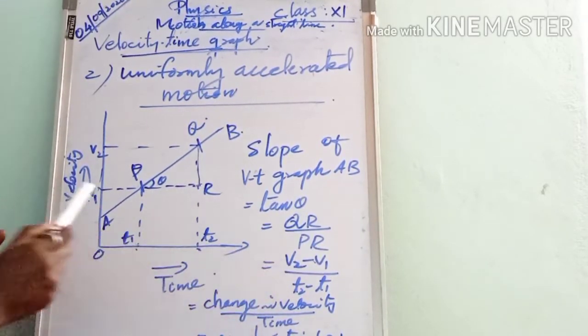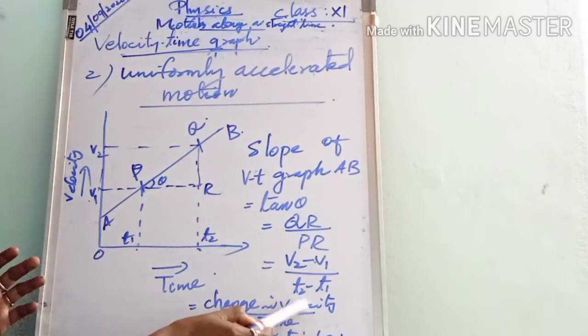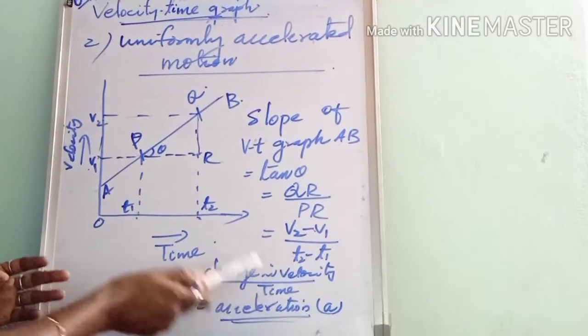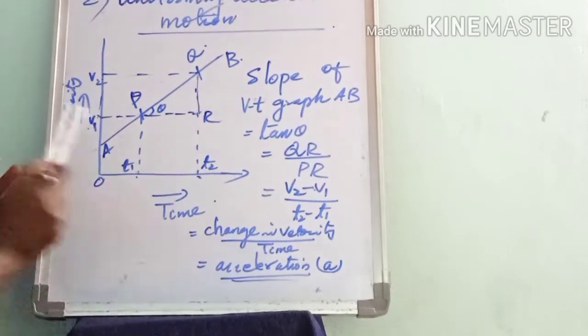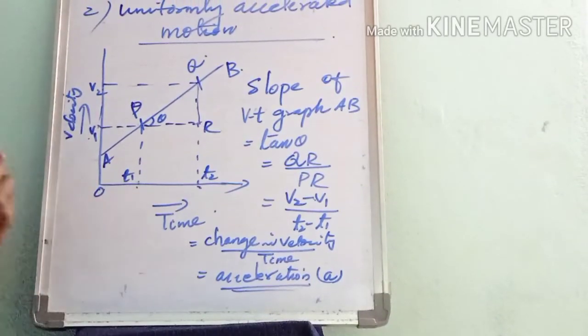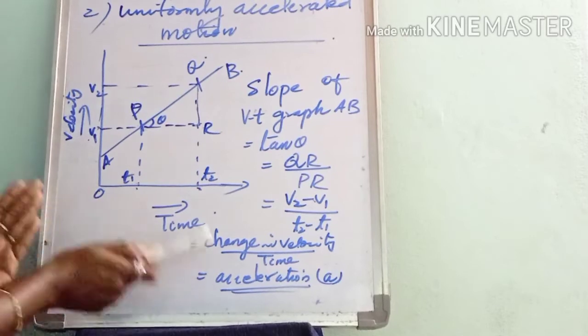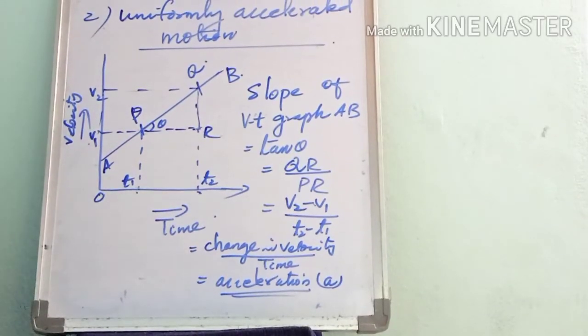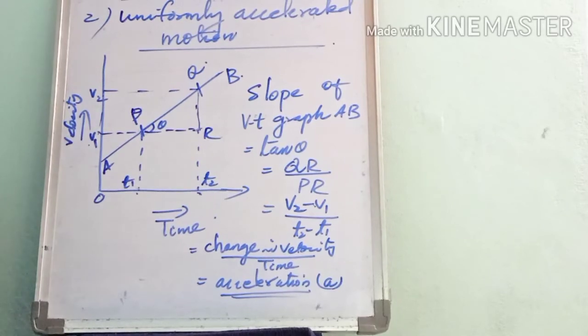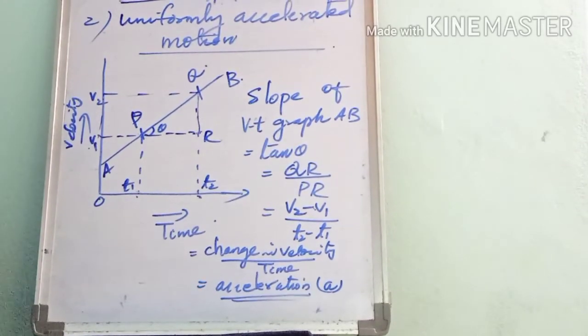Here V2 minus V1 represents the change in velocity, and T2 minus T1 is the time. So we got change in velocity by time. All of you know what change in velocity by time is? That is the acceleration. Have you got it?